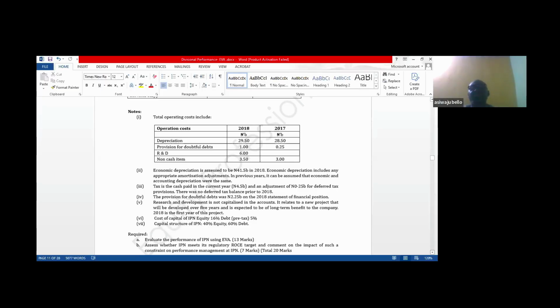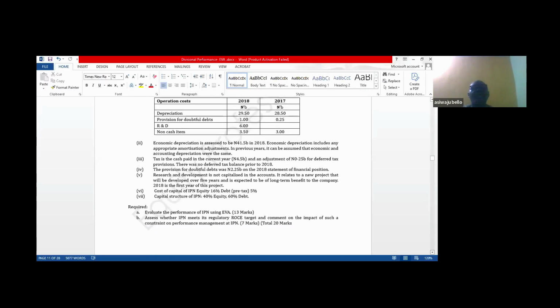In the previous years, it can be assumed that economic and accounting depreciation were the same. Note number 3, tax is the cash paid in the current year, 4.5 billion.